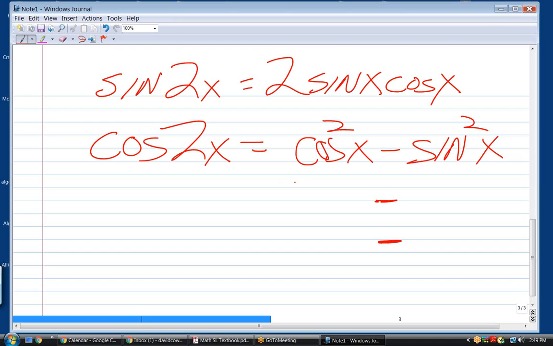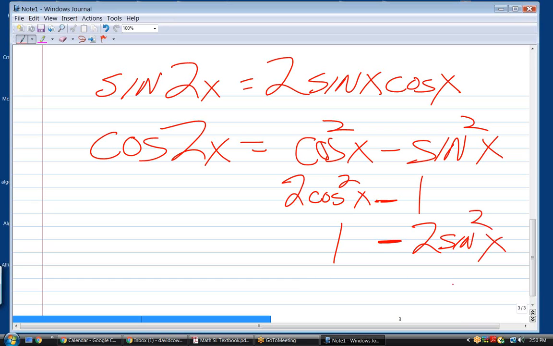This one, the second one, has only cosines and 1 in it. The third one has only sines and 1 in it. The cosine is 2 cosine squared x minus 1. And then the sine is 1 minus 2 sine squared x.